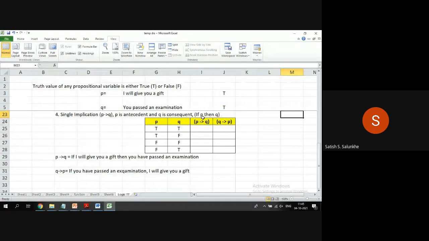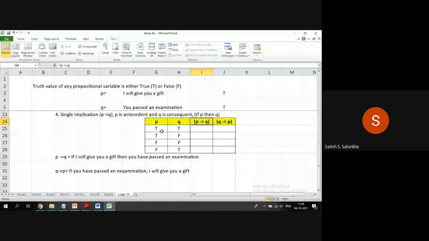If the antecedent is true, then Q has to be true. It is something like this. If I have given you a promise that if you fulfill the antecedent, then I will give you something. That promise is there. And you have fulfilled that condition, and I have not fulfilled the post event of that commitment. That is, if P is true, Q has to be true.